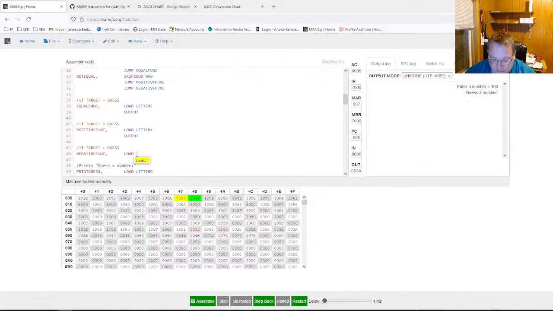Load letter, I'm going to go little n, output.